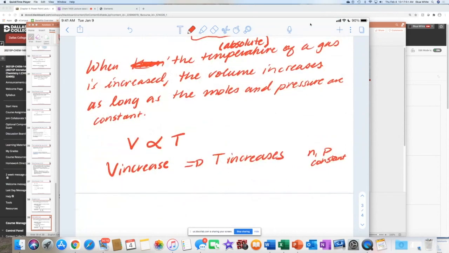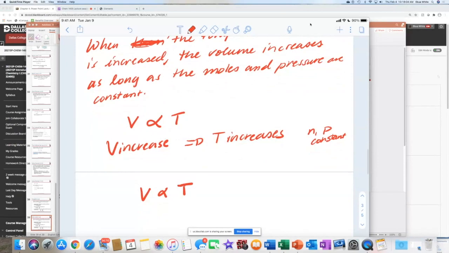So I just wrote the summary of this, right? But what does this mean? I'm going to work one of these out because of the time I have, just one. Okay? So volume is proportional to temperature. Mathematically, we want to get an equation from this. You want to be able to recognize this, because sometimes they give you this relationship: when volume increases and temperature increases, what law is that?